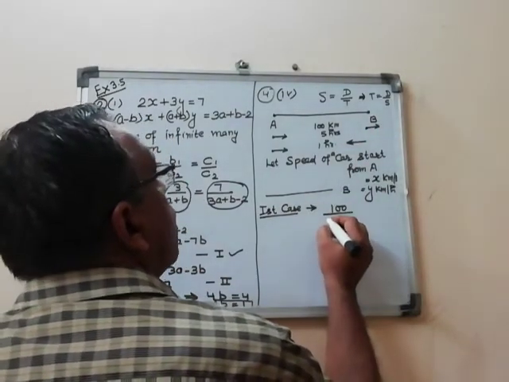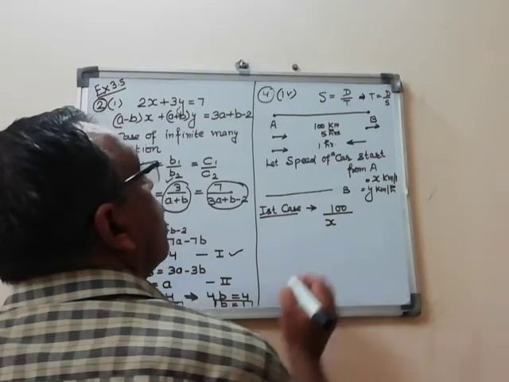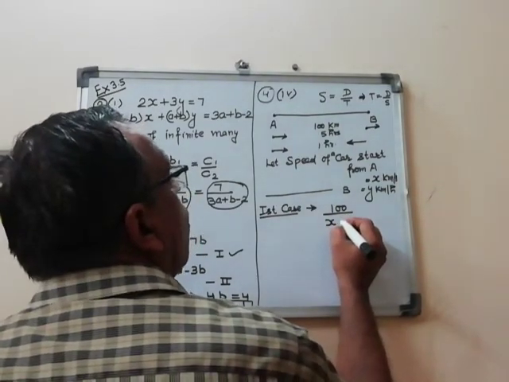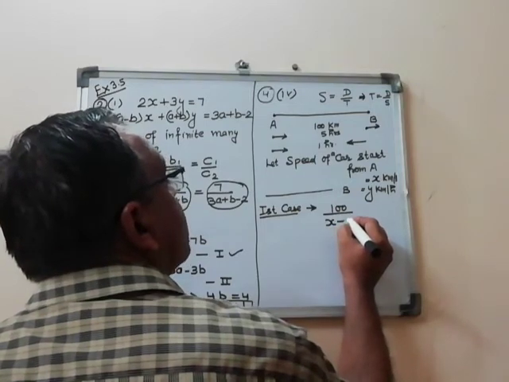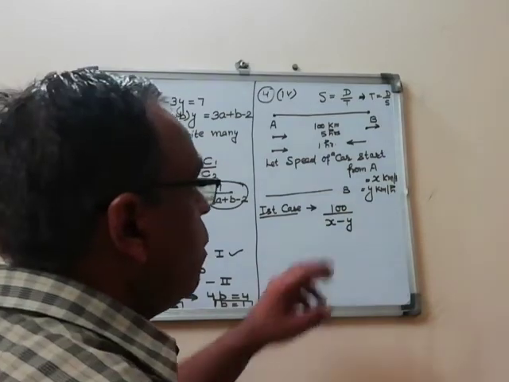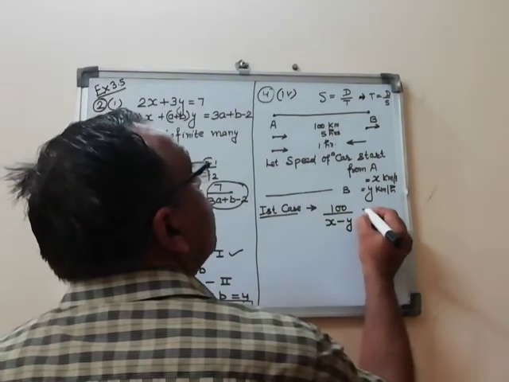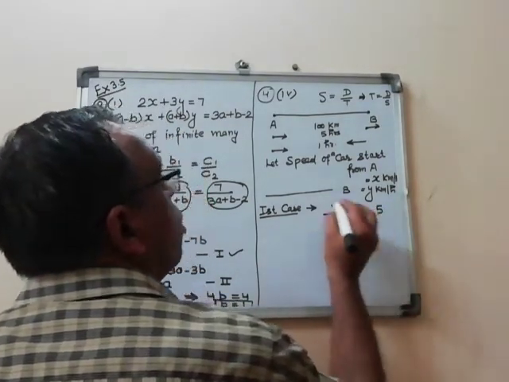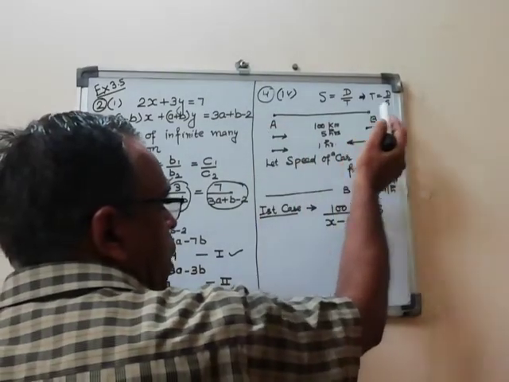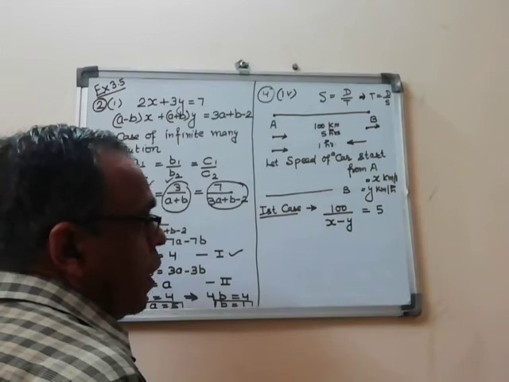That means if the speed of car A is more than that of the car starting from B, both will subtract from each other, and that is equal to the time, 5 hours. Suppose a car starts from our place, Gobindgarh, and another car starts from Ambala.